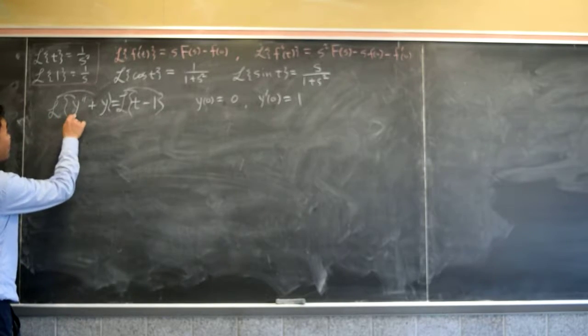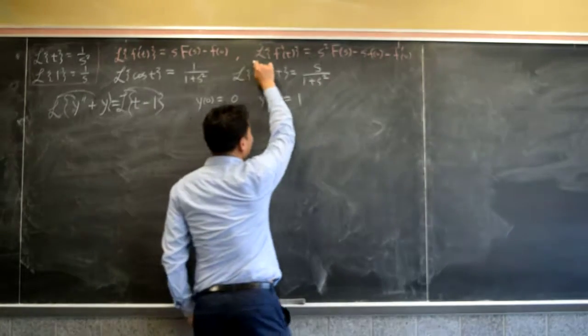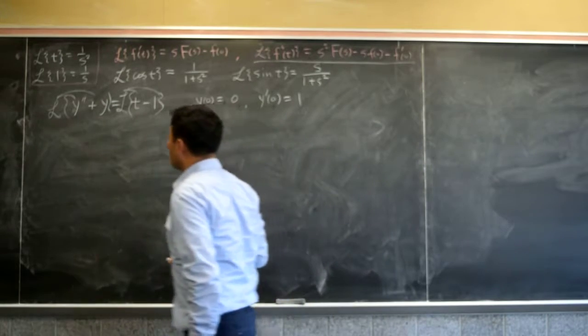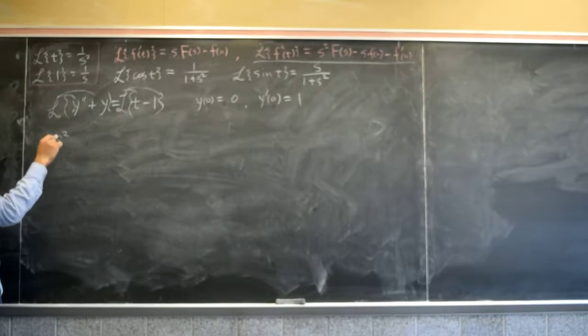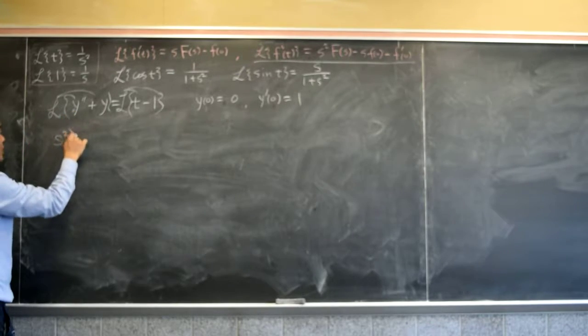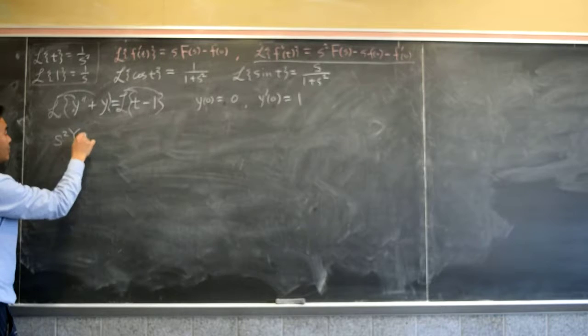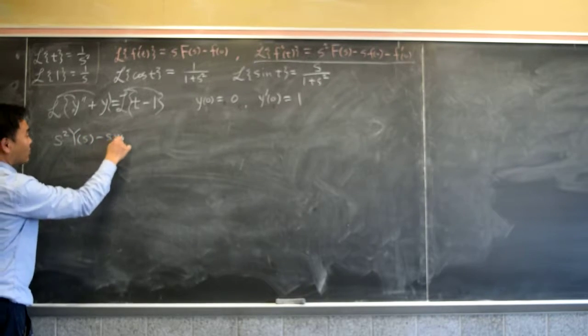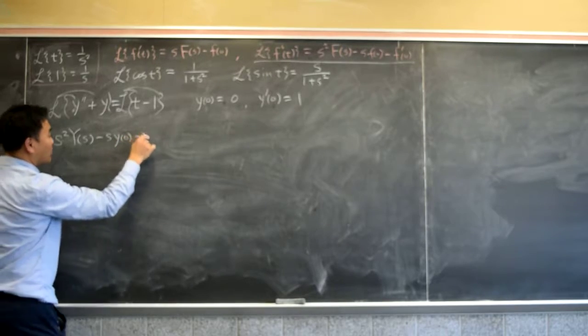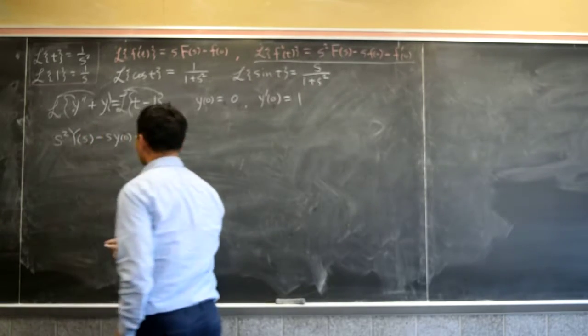So L applied to y double prime can be solved using this, right? So what does that give us? L applied to y double prime is s squared, and then? You don't use f, you use capital Y, okay? Minus s times y of 0 minus y prime of 0, okay?